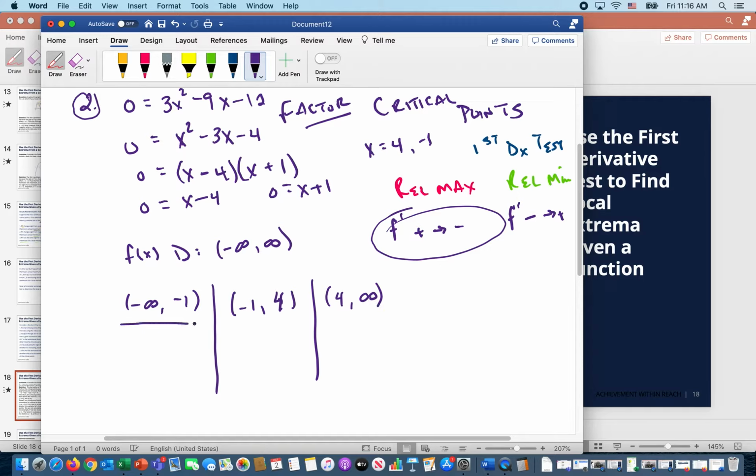And let's go in and look and see what is the value of the derivative on this interval. Okay? So in other words, we're going to plug numbers from these intervals into the derivative.